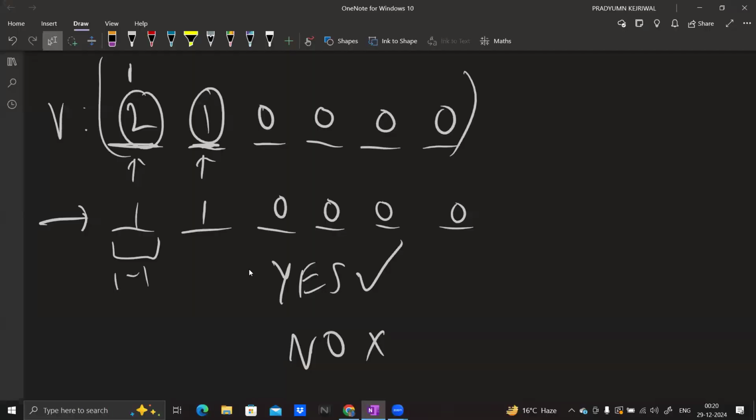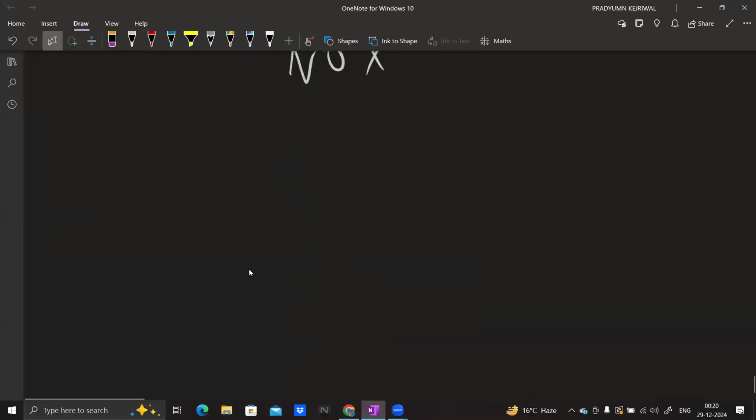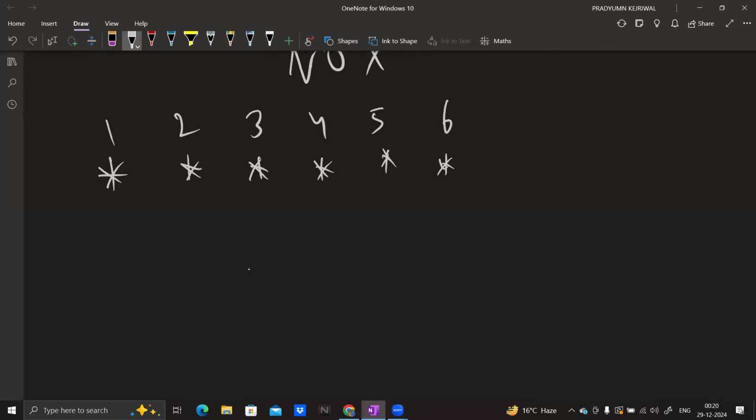Okay, so the problem is something like there are some stars. Let's just draw some stars. We have these stars, and the values of these stars are 1 to n: 1, 2, 3, 4, 5, and 6. Now Iris observes these stars.